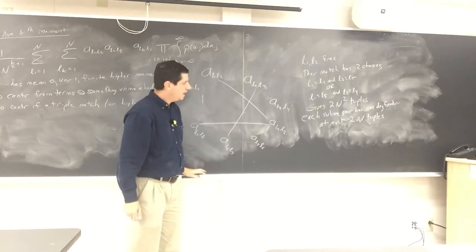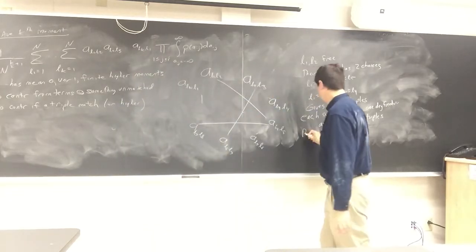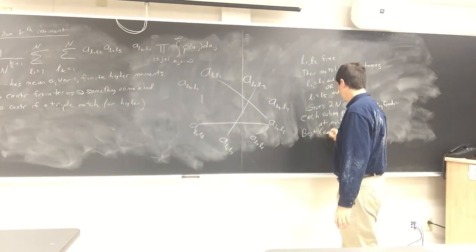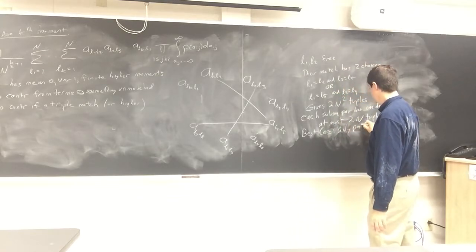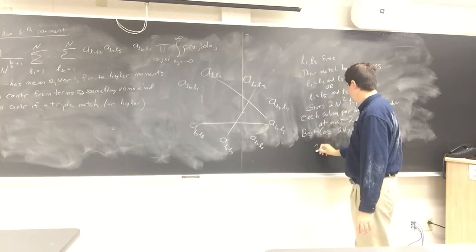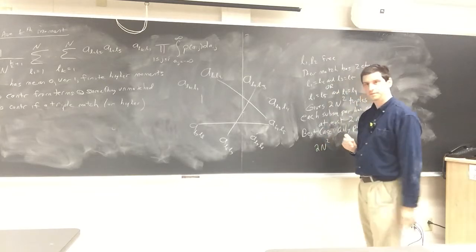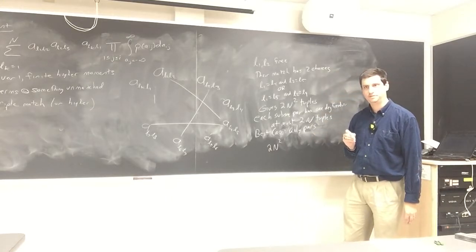So let's count how many tuples we could have. So best case, only pairs. The first one gives us 2n squared. And each subsequent one, what's the most it can give us? 2n.